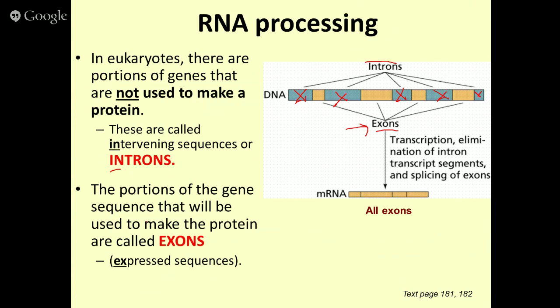The parts of the gene that we do need to make our protein, to express our protein, are called exons. So the exons are the important parts. The introns we don't need to make our protein. So the introns are removed, and then your final messenger RNA that's going out to your ribosome is going to be all exons, all expressed sequences of DNA.